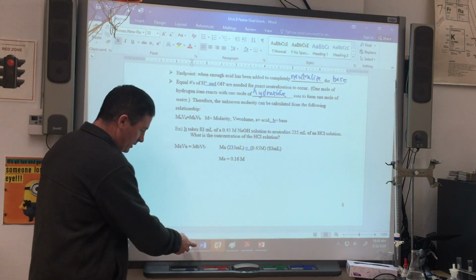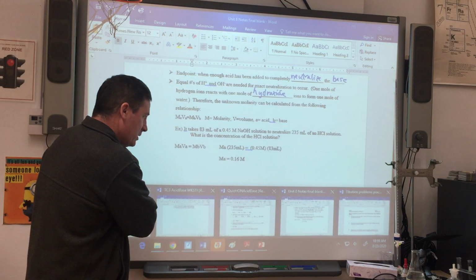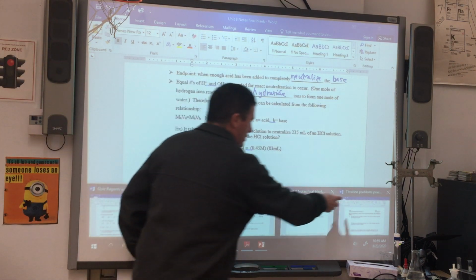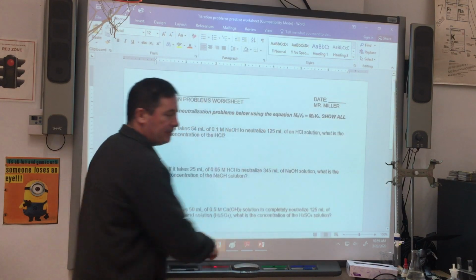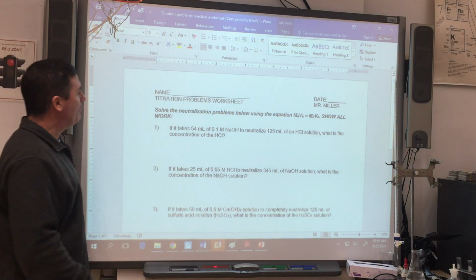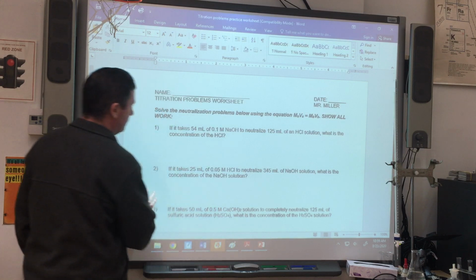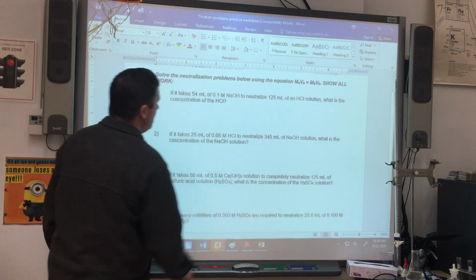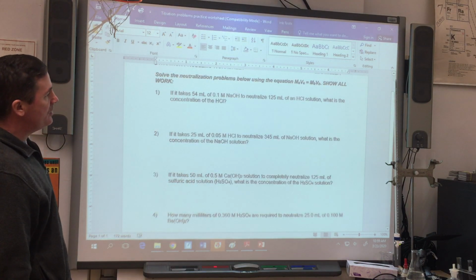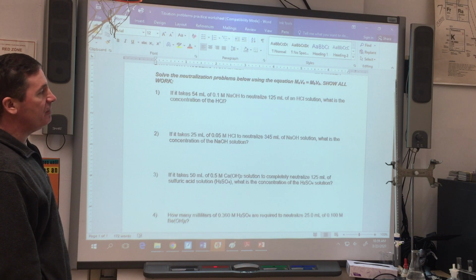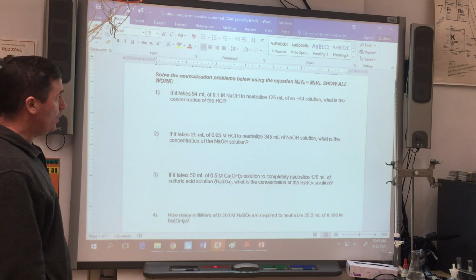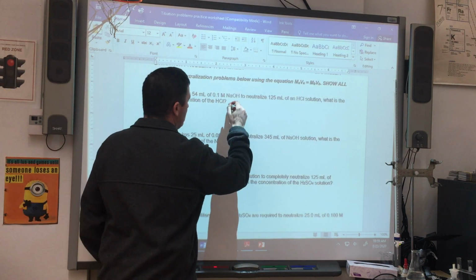All right, let's take a look at the questions on the homework. If it takes 54 milliliters of a 0.1 molar NaOH to neutralize 125 mils of hydrogen chloride solution, what is the concentration? So I'll give you the first one.